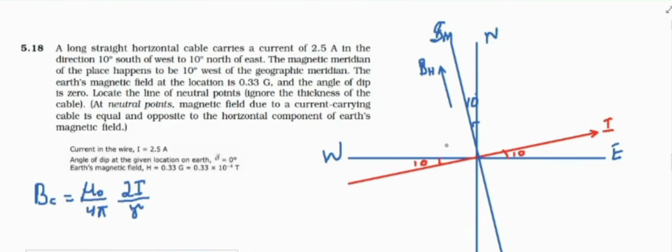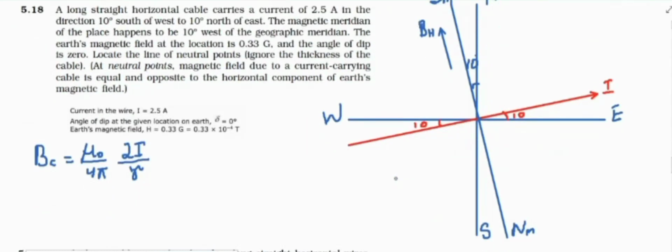So at a particular height, BH towards geographical north and BC towards geographical south become equal and opposite and mutually cancel each other.